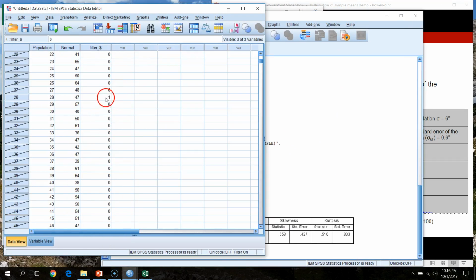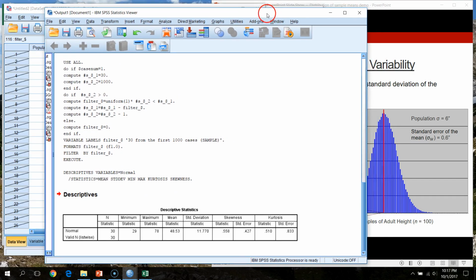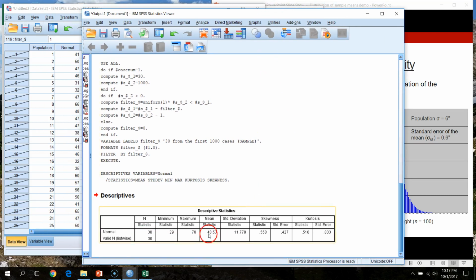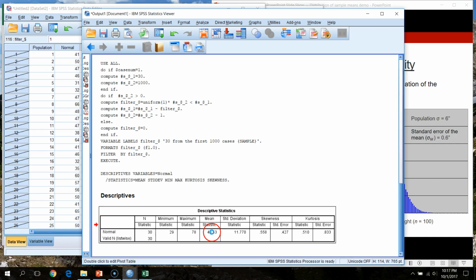We've got this filter, so here's a case, here's a case. SPSS has randomly selected 30 cases from my population of 1,000, and then calculated the average of that sample of 30. It looks like my sample of 30 here has a mean of about 48.5.